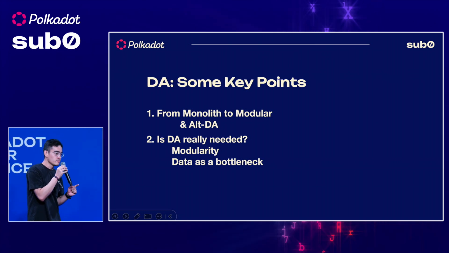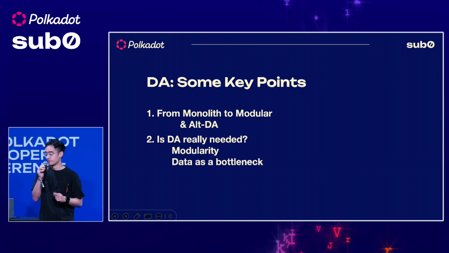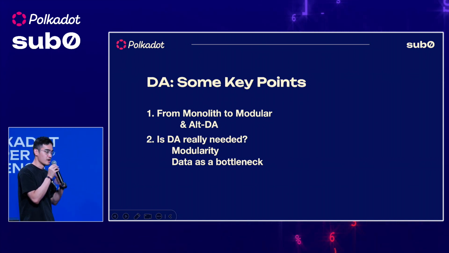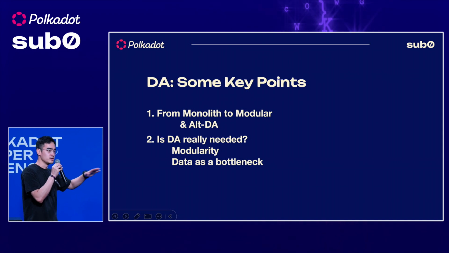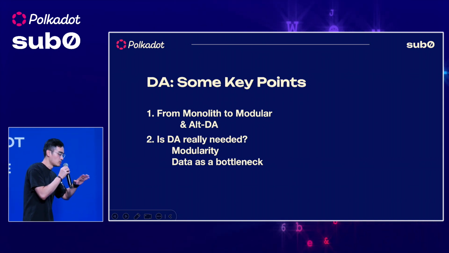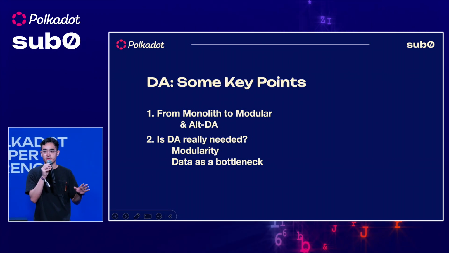The reason for this, I think, is because, for example, in Ethereum, we are already facing the bottleneck for its scalability. So the data cost, or the whole cost of processing a transaction on chain, is going to be very expensive.